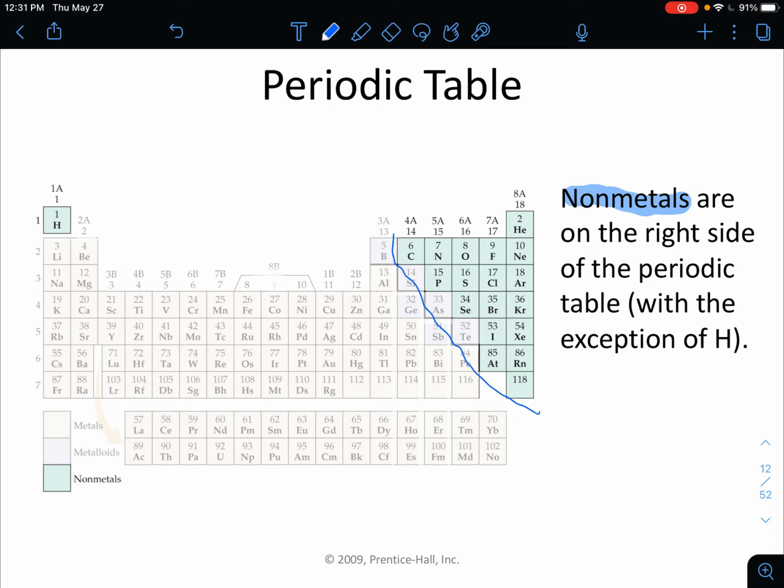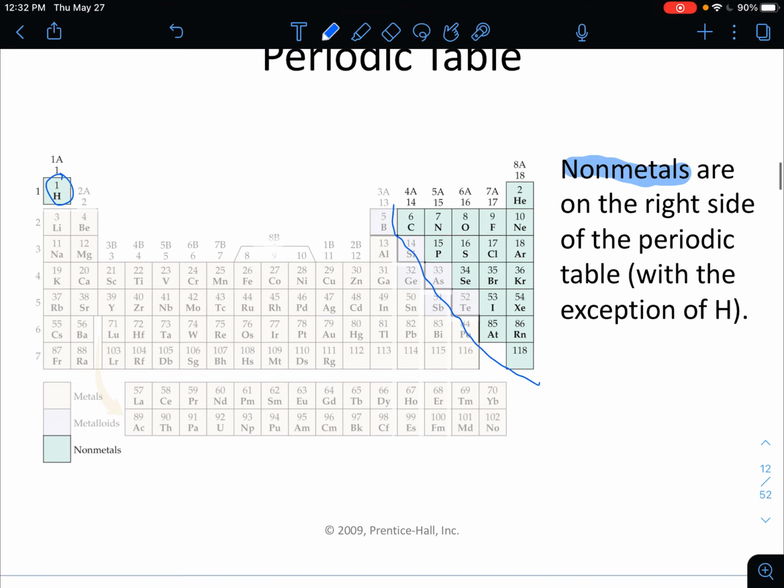There are some exceptions to that. And then hydrogen ends up way over here because of its electron count in terms of its location on the far left. But really it belongs with the non-metals, right? Hydrogen at normal atmospheric conditions is a gas, H2. So it's more similar to the stuff we see in that upper right corner.